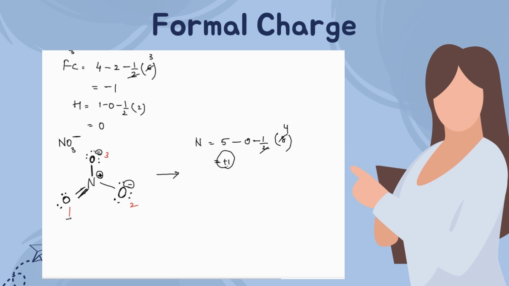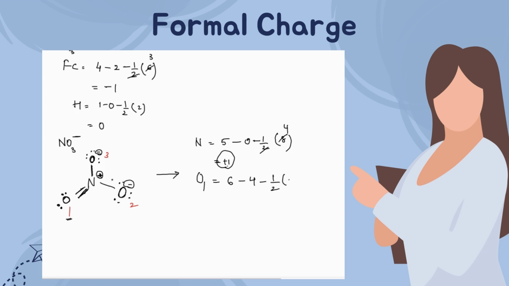Now let us look at the first oxygen. I'll write it as O1 to understand it clearly. Oxygen belongs to group 6. How many lone pair electrons does it have? 2 pairs, which means 4 electrons. So 6 minus 4 minus half into the bond electrons.